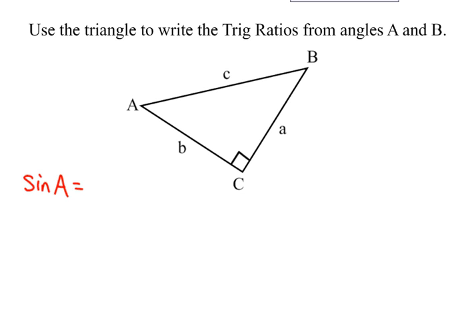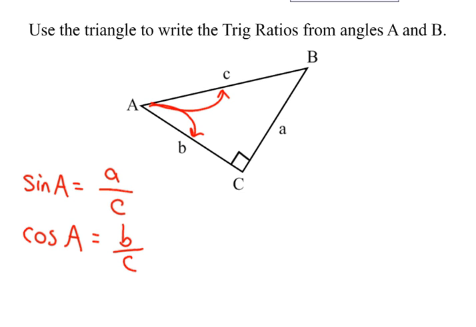Sine of angle A, notice I have capital A for angle A, would equal opposite A over hypotenuse C. Cosine of angle A would equal adjacent B over hypotenuse C. Tangent of angle A would equal opposite A over adjacent B.